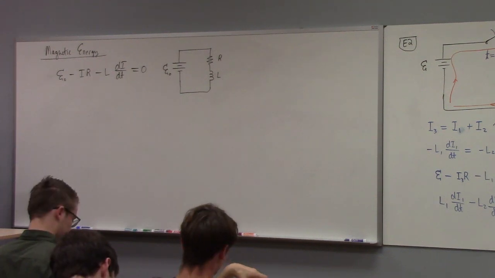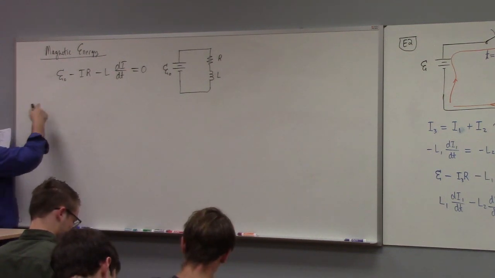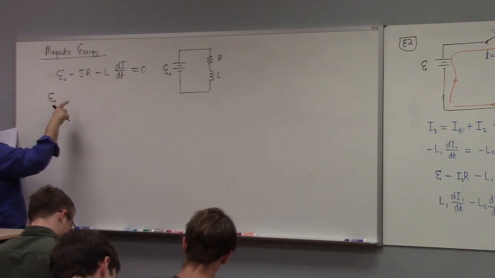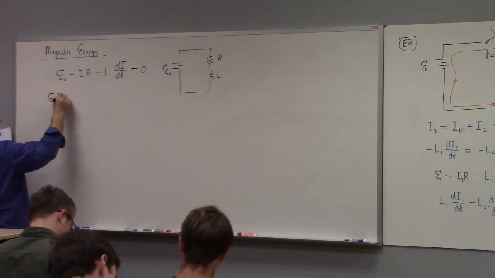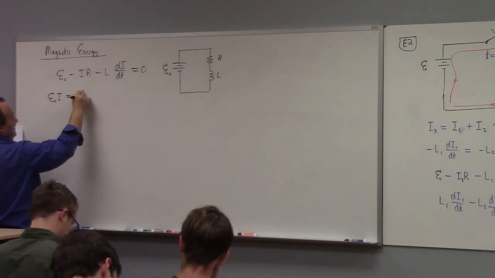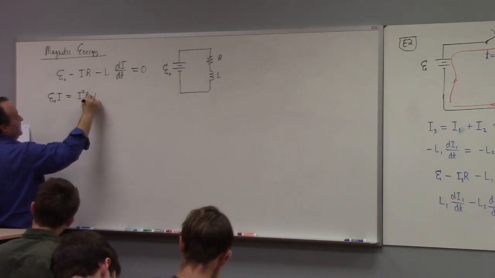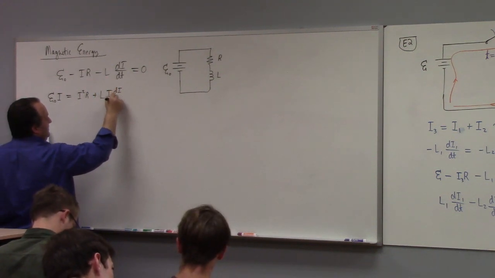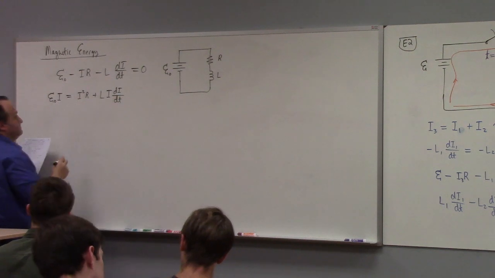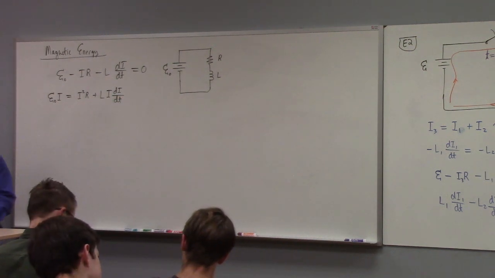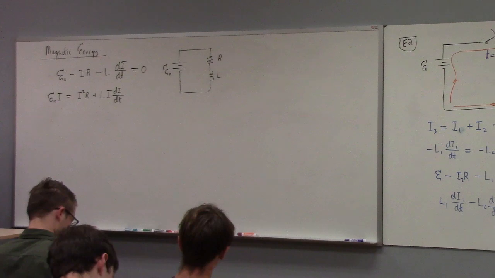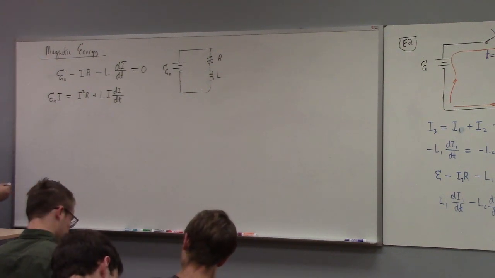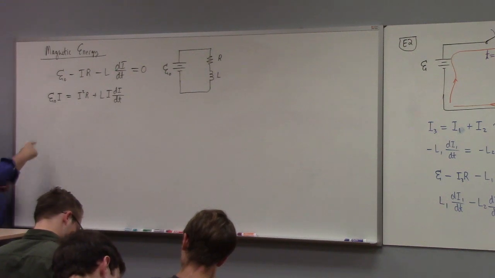Now, if you rewrite this, I'm going to multiply by I, okay? So I've got E naught times I is equal to I squared R plus L I di dt, like that. So let's break it down. What are we looking at here? We should recognize these terms. So what is E naught times I?